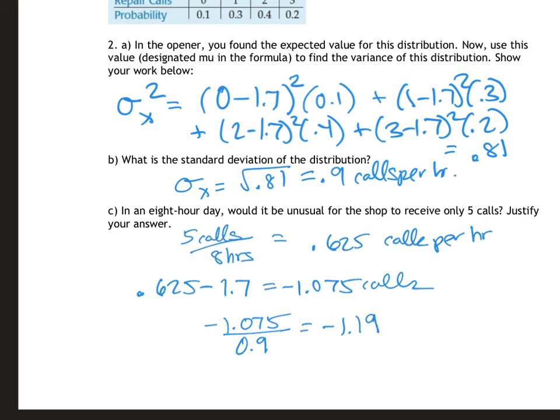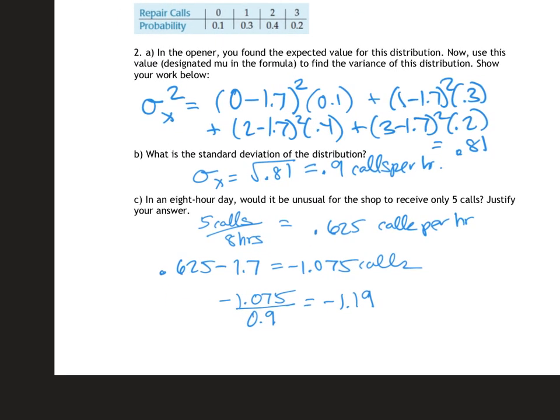In other words, if we got only 5 calls in an 8-hour day, this is really 1.19 standard deviations below the mean. So it's more than a standard deviation away from the mean. I might say it's not unheard of, but maybe I would say it's unusual because it's more than 1 standard deviation away from the mean. So it seems like an unusually slow call day.